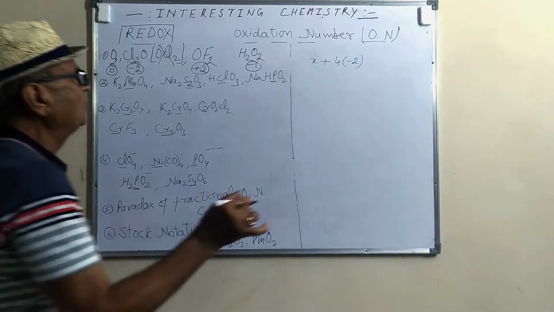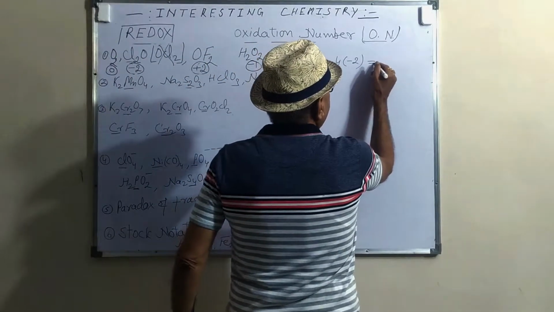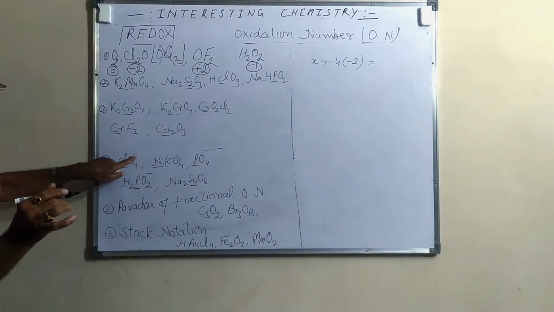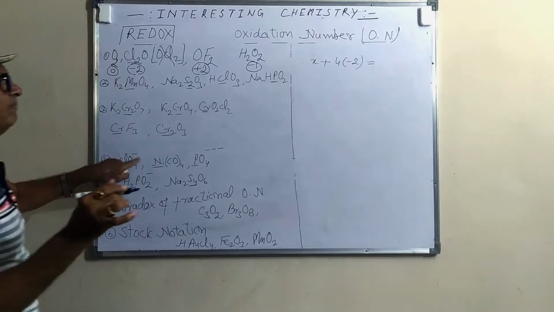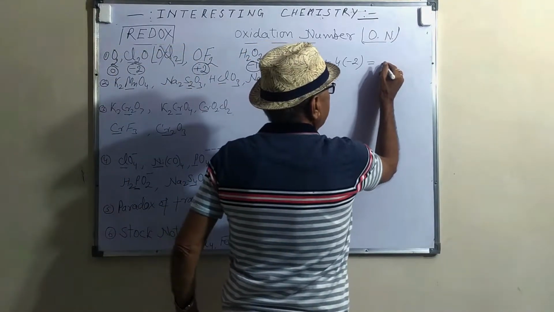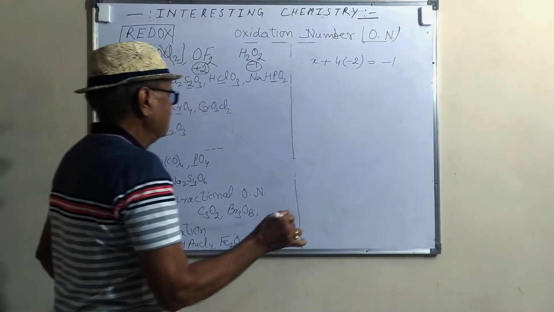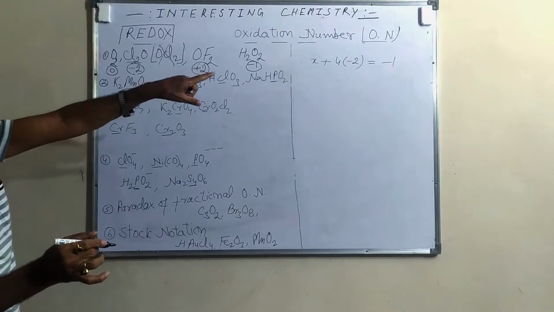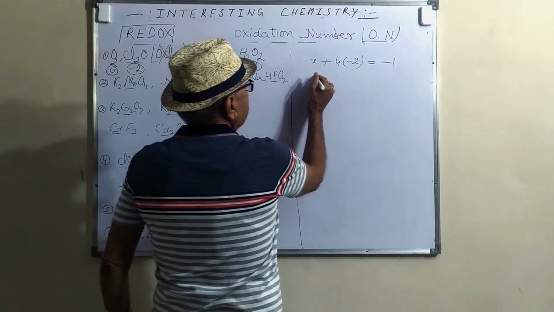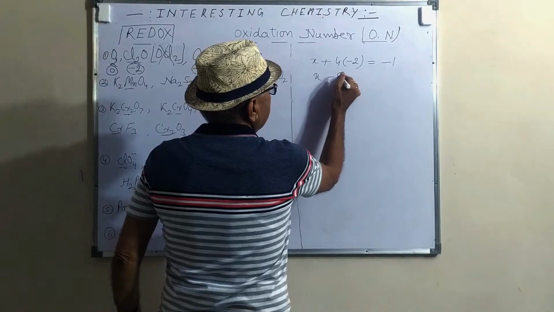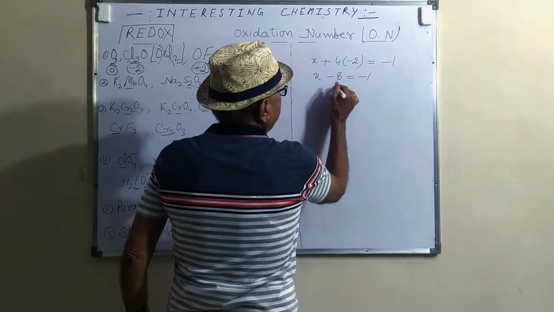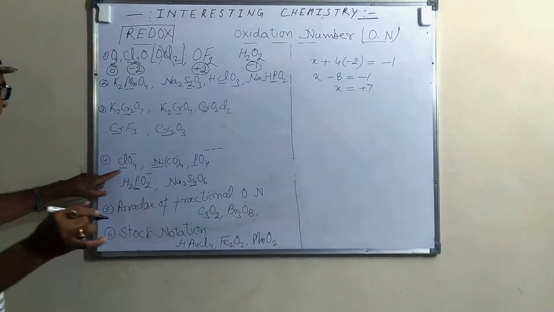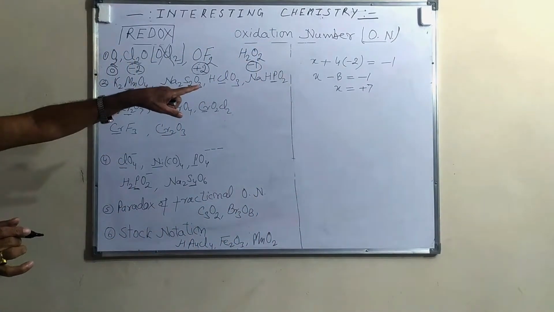In compounds the sum is 0, but now you have to write -1 because the polyatomic ion has the charge -1. So X plus -8 is equal to -1, and X is equal to +7. Here the oxidation number of chlorine is +7.